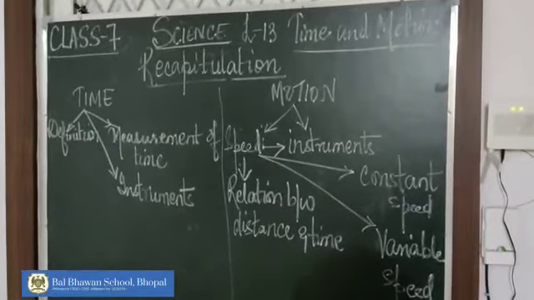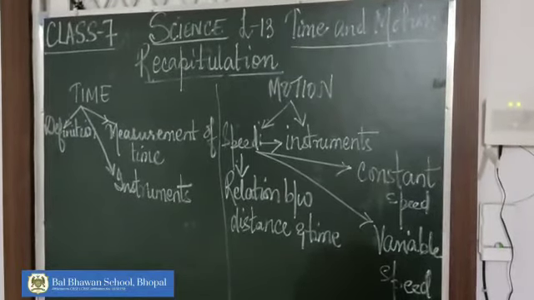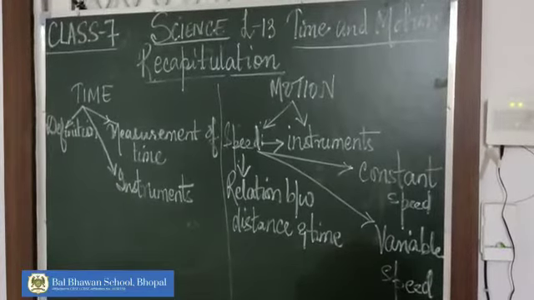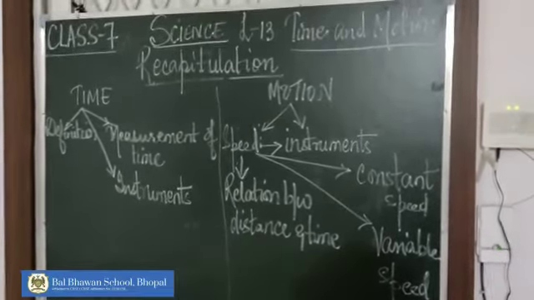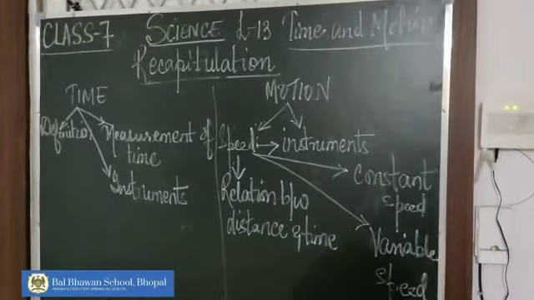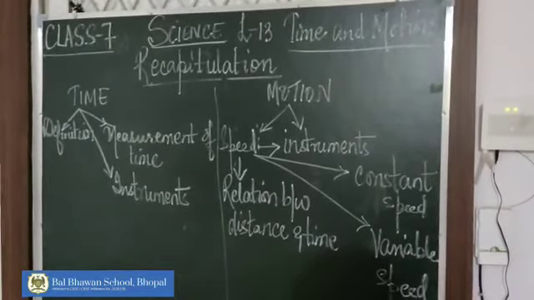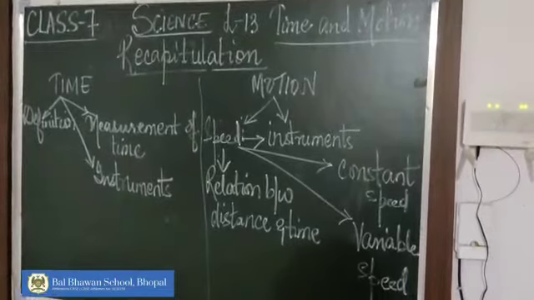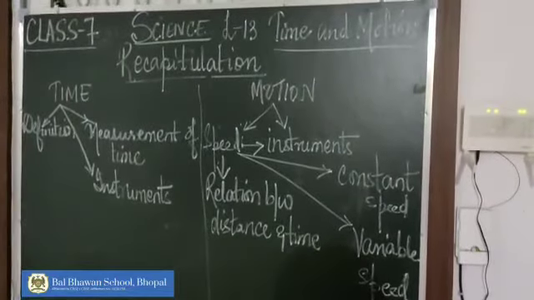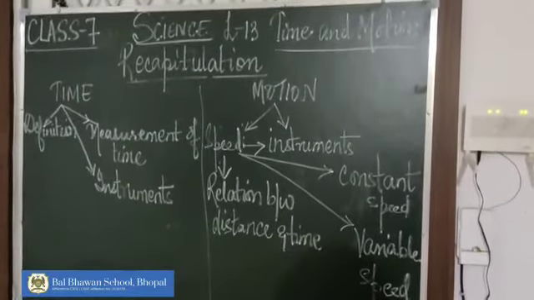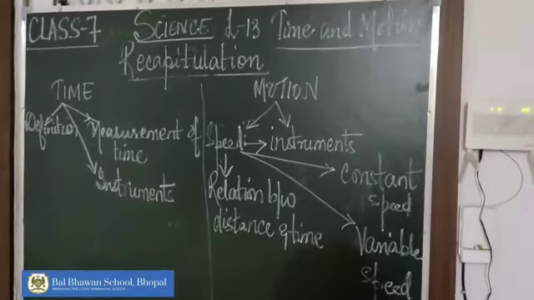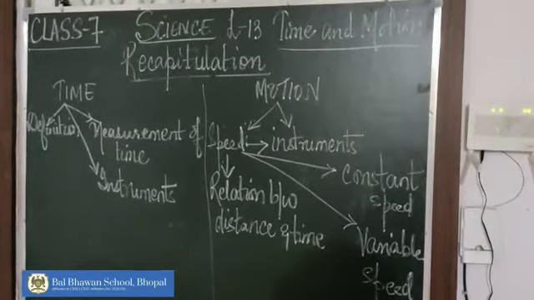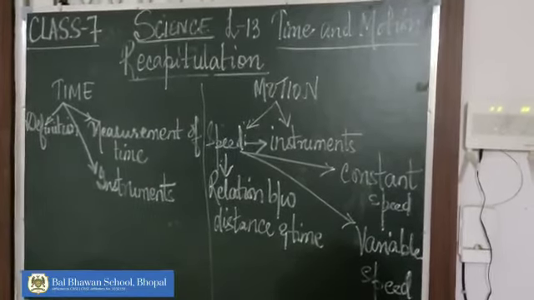Keeping in mind these two terms, time and motion, we have learned a new word called speed. So what is speed? Speed is the distance covered by a body in time taken. Or you have learned the formula that speed is equal to distance upon time taken.